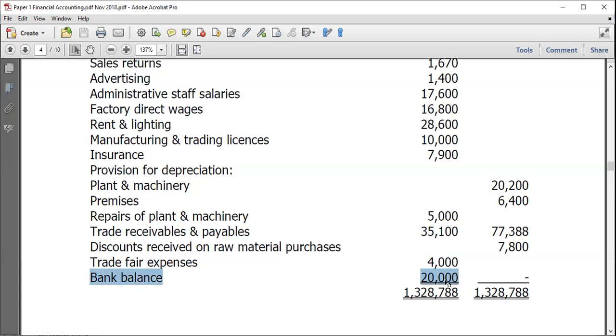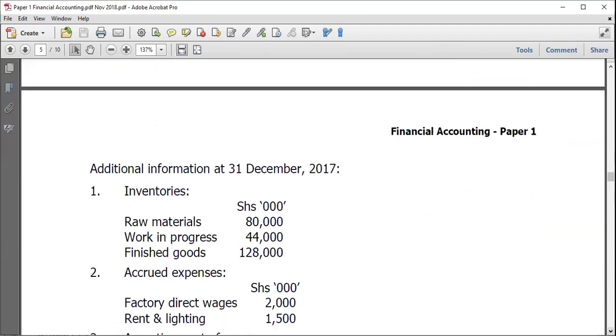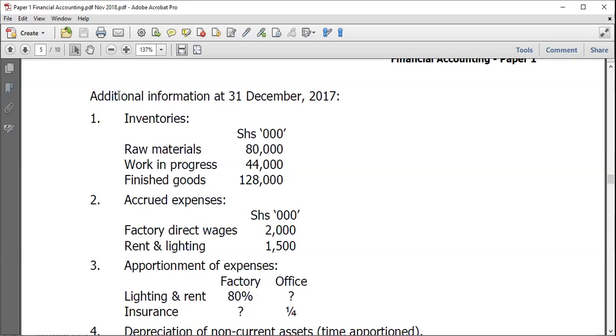Then we have bank balance. In this case, the bank balance is on the debit side, so it's an asset. In case it's on the credit side, it will definitely be a liability. It will be a bank overdraft. So they give us additional information for inventory at the end of the year. We know how to use each of the values and where to put it. Then they also give us accrued expenses right there.